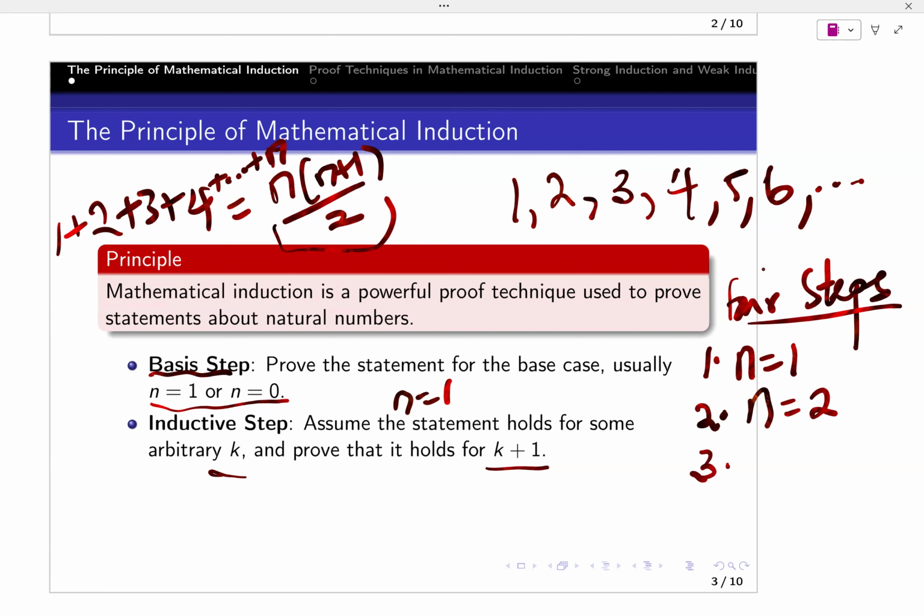Third, I assume that it is true for n equals k, since there's really no way to prove that. So you just assume the statement holds for some n equals k. And number 4, finally, which is the inductive step, you now prove it for n equals k plus 1.